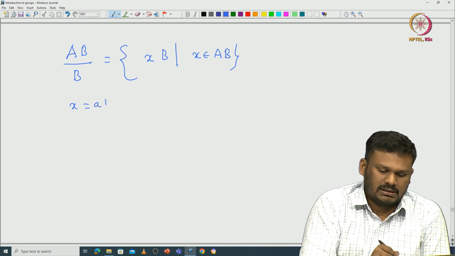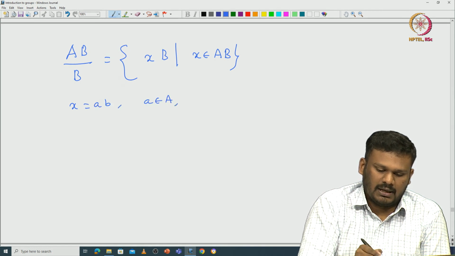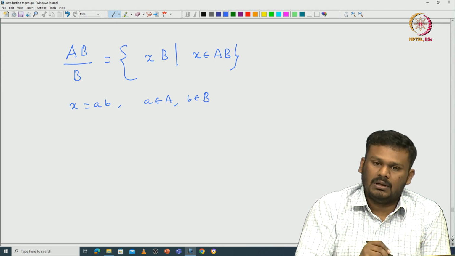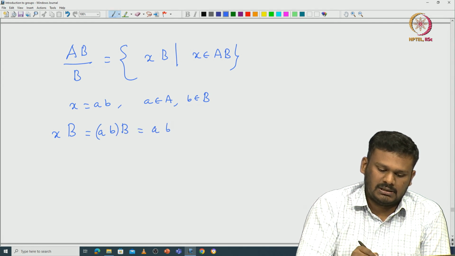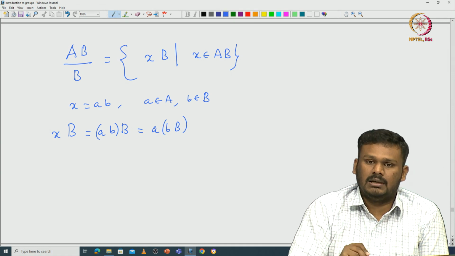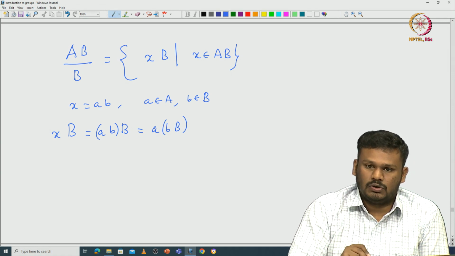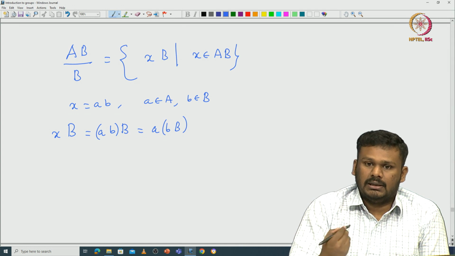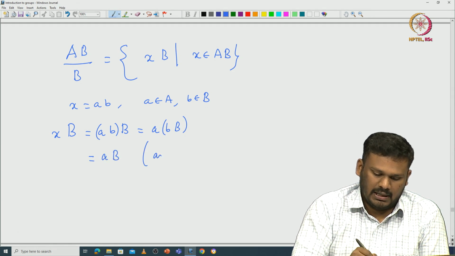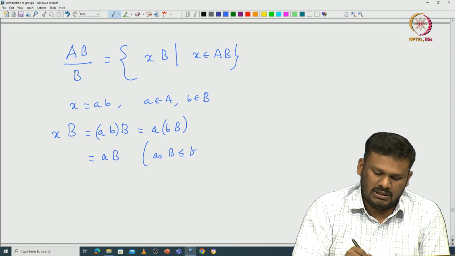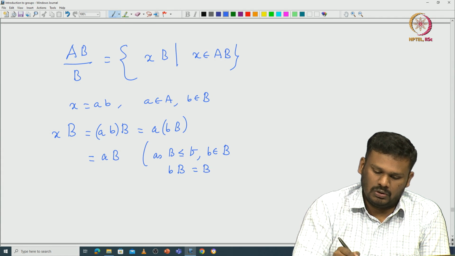Any x looks like some small ab, where a comes from capital A and b comes from capital B. Then xB will be abB, but abB is the same as a times bB, and since small b is coming from capital B, bB will be capital B only. So this is exactly aB, as B is a subgroup of G and b is coming from capital B, so bB equals capital B.